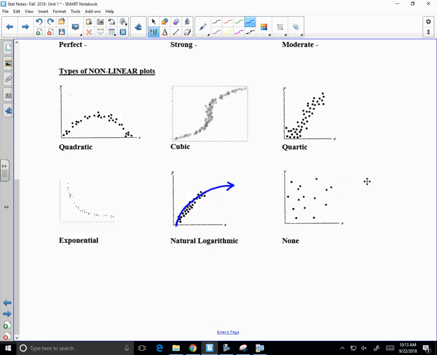So yeah, the case of none, I think that one is obvious. I don't see a pattern in there in any way, shape, or form. But you could also have another situation that would fall under the category of none.